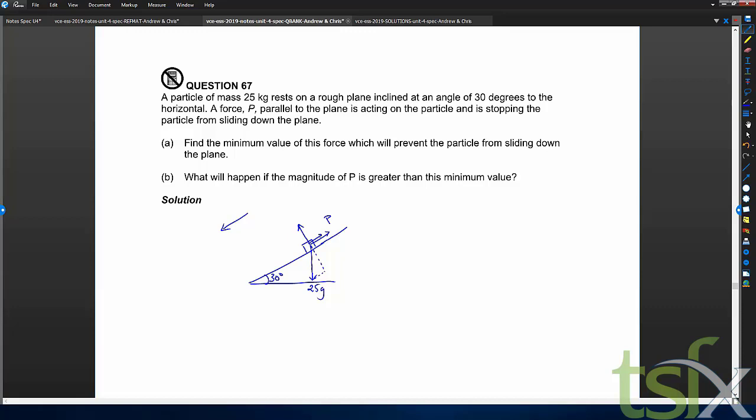Now, do we have to add the frictional force in here? Because it's stationary. It's not moving. So even though it's rough, it's not there. It says P is stopping it from moving. Yeah, they probably shouldn't have said that. So they don't want this force in there.